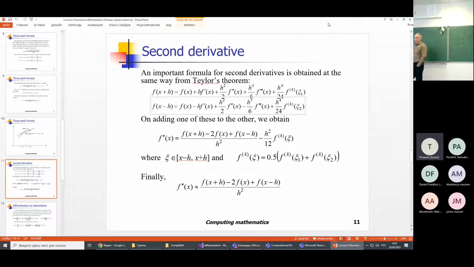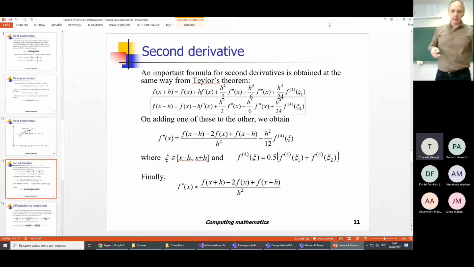The second derivative will be the first derivative of this one, 6x. The real second derivative is 6x.